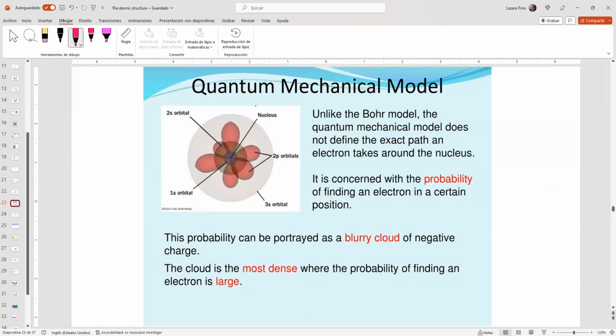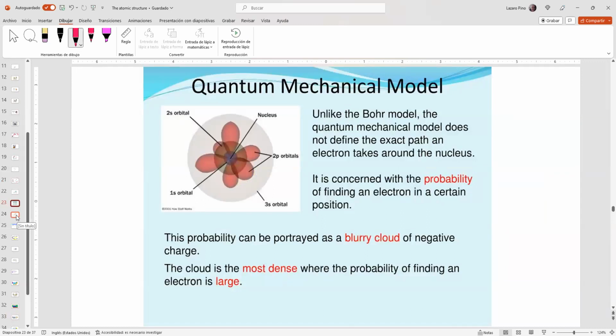Then it was not just a circle, it was a cloud where the electrons could be found. And there is an equation that explains how we can quantify the level of energy, and also an equation where we can find the space where it's more probable to find the electron around the nucleus.